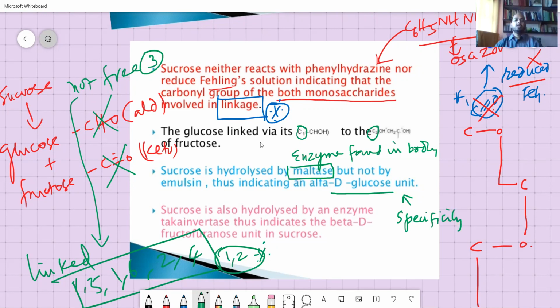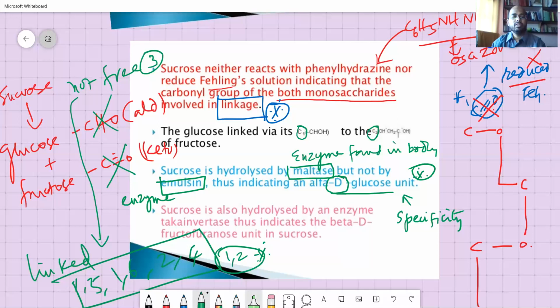Specificity means that alpha-D-glucose will be hydrolyzed only by maltase. It is not hydrolyzed by emulsin. Emulsin is also another enzyme, but it is not hydrolyzed by emulsin, only by maltase. So it indicates the presence of D-glucose in it.